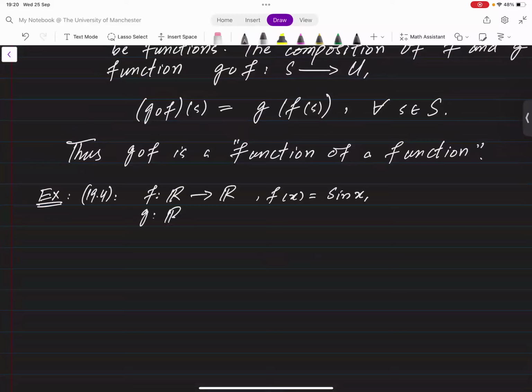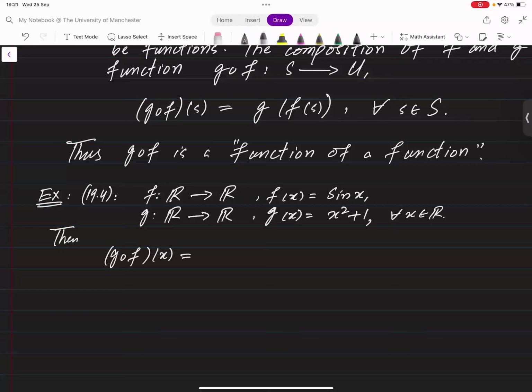We have a function g from R to R, again given by g of x is x squared plus 1, for all x in R. Then g compose f of x is nothing but g of f of x, and that is g of sine x, and that is sine squared x plus 1.